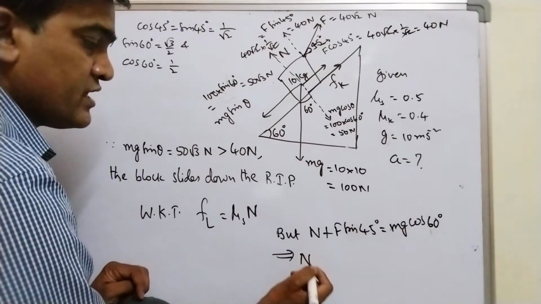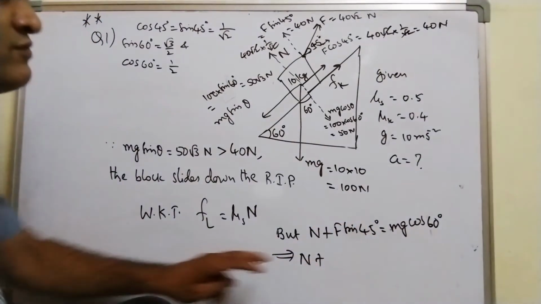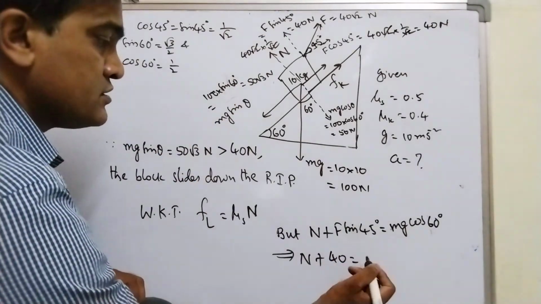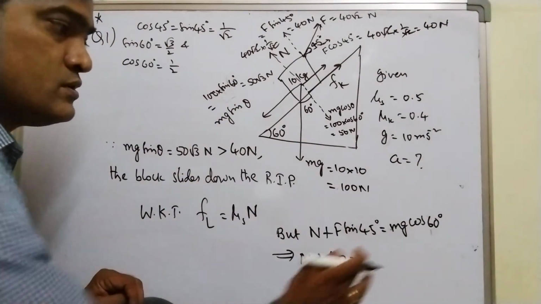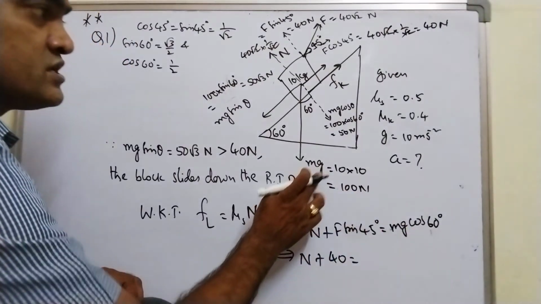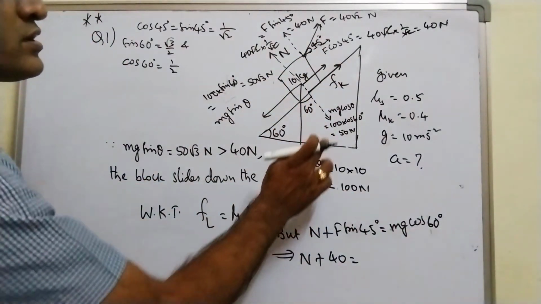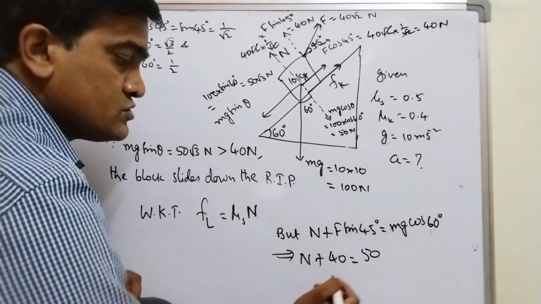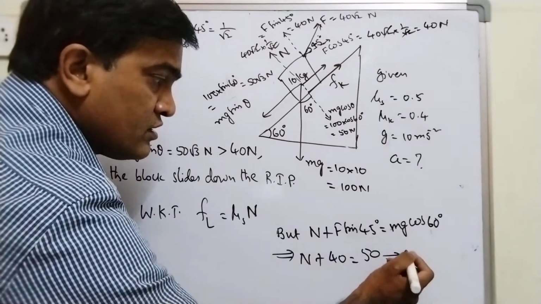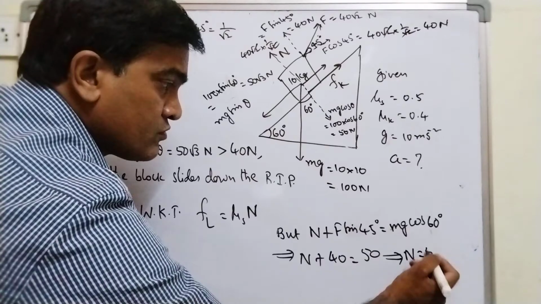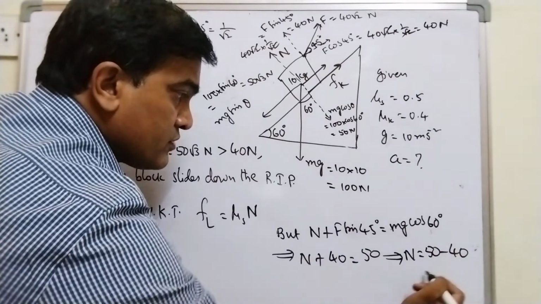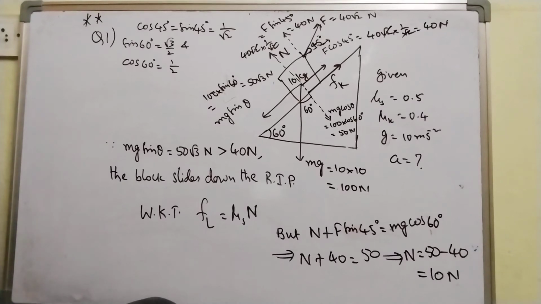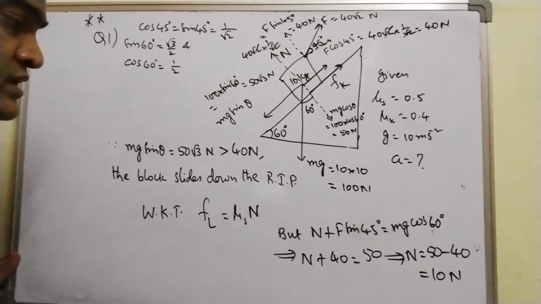So from this, N plus F sin 45 is 40 Newton, and this is equal to mg cos 60, which I got as 50. So what is the value of N? N is equal to 50 minus 40, which is equal to 10 Newton.